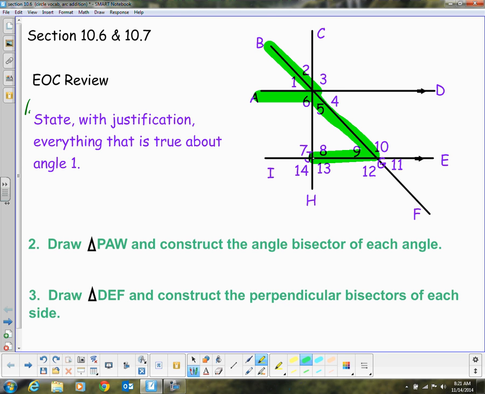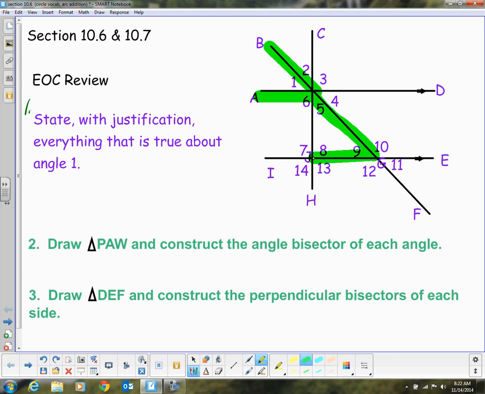So 1 and 9 are corresponding. Do you agree 1 equals 9? What's the relationship between 9 and 10? They're linear, meaning they equal 180. So if 1 equals 9, what's the relationship between 1 and 10? They're supplementary.